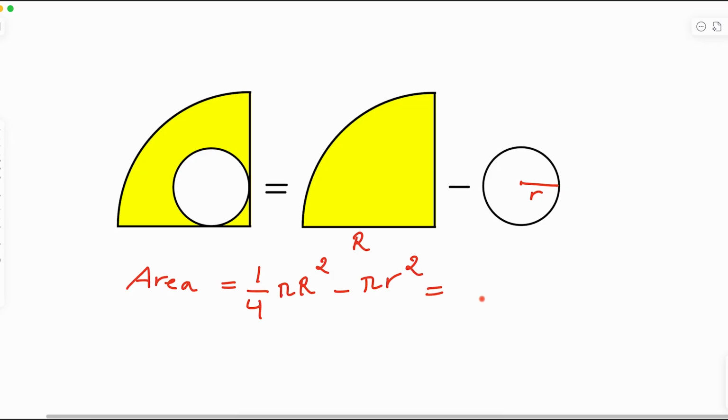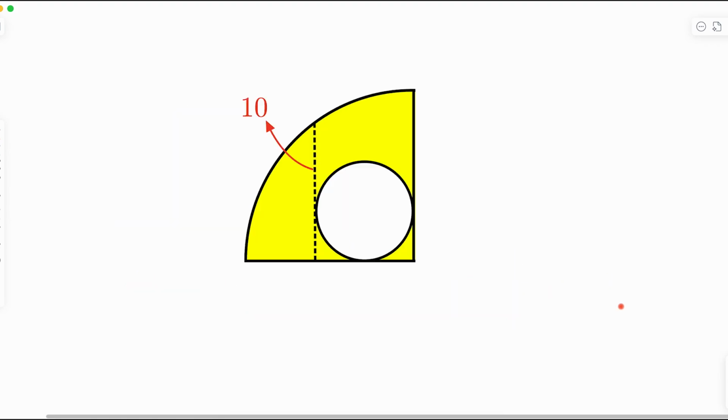If I simplify it a bit, I can write pi times R squared over 4 minus r squared.